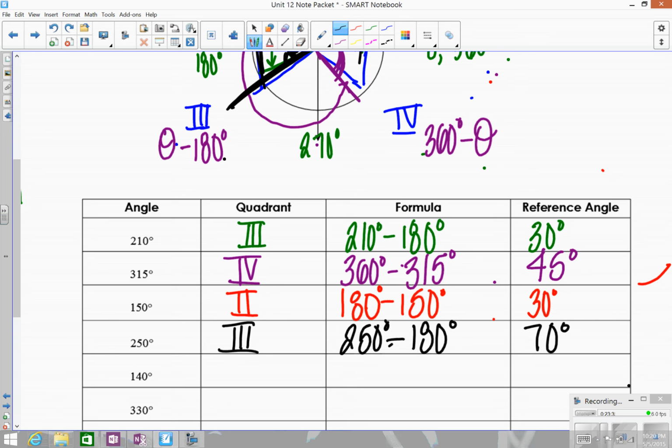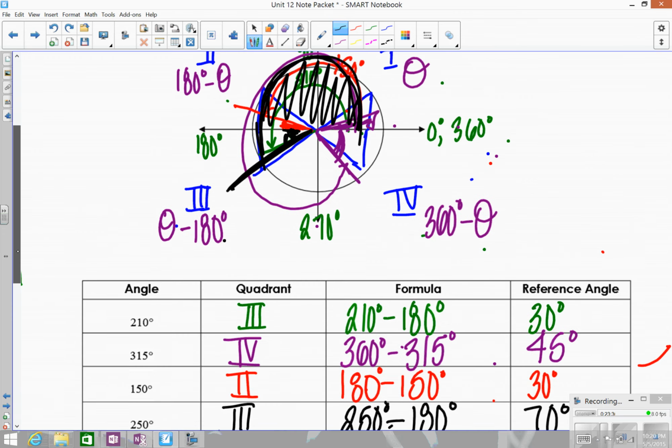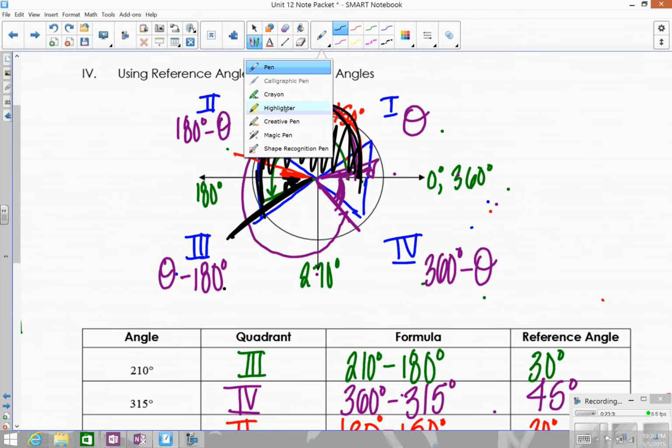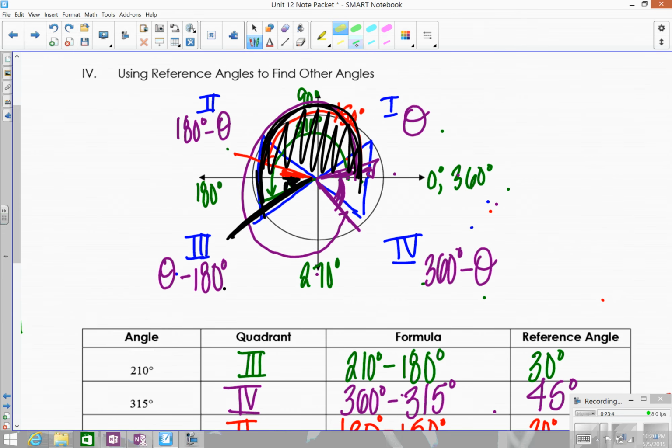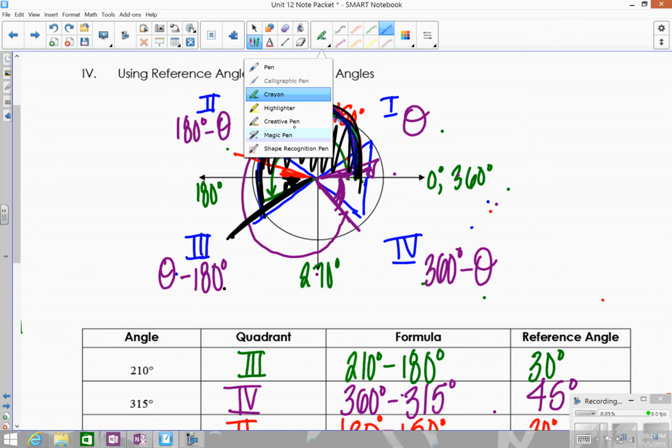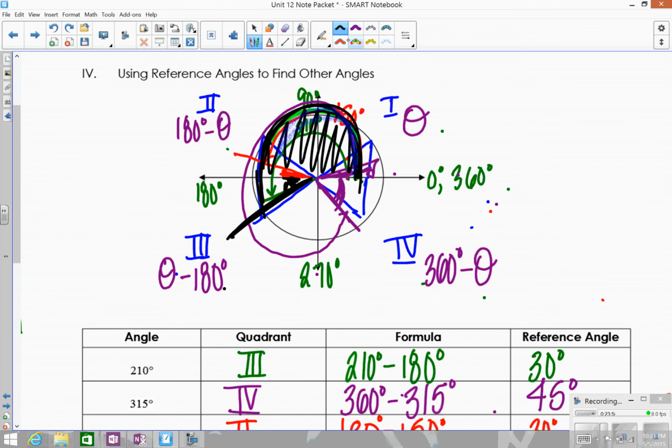Then we have the next one, 140. So 140 will end up over here. Let's do it so that you can actually see it. So 140 would be somewhere over here, right before 180.